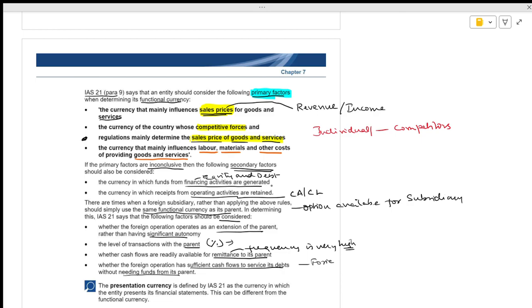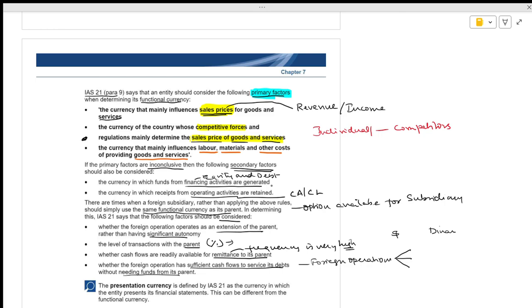You have the foreign operation in the foreign countries. In the foreign countries, they will deal with their own currency, isn't it? Assume you have a dollar and you have a dinar. You are operating in Qatar. Now what happens?